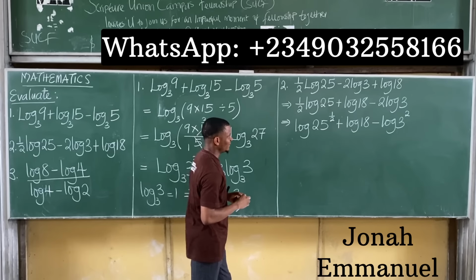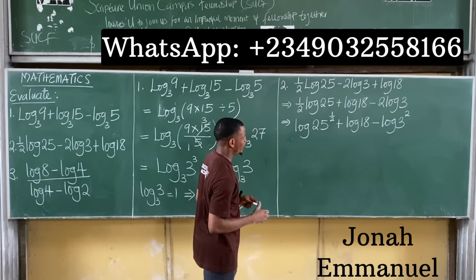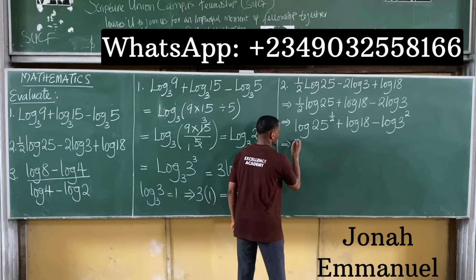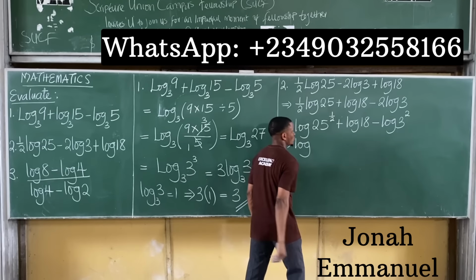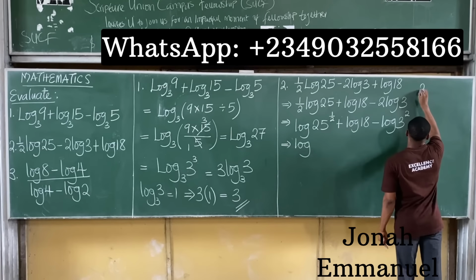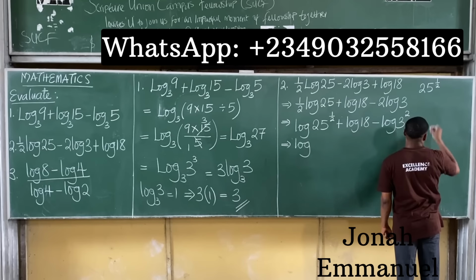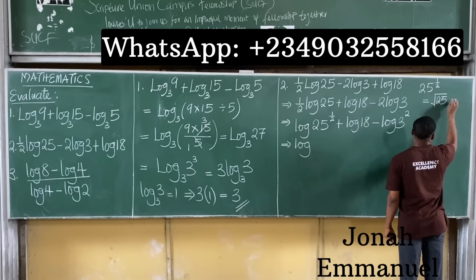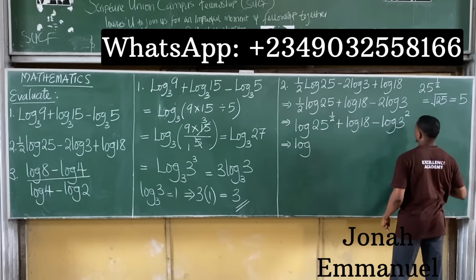What's my next task here? Let's see how we can simplify all of this. I'm having log 25 to the power 1 over 2. With the concept of indices, this is equal to the square root of 25, and we know that the square root of 25 is 5.